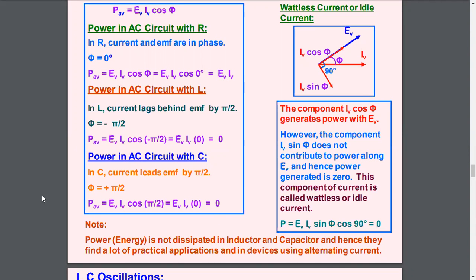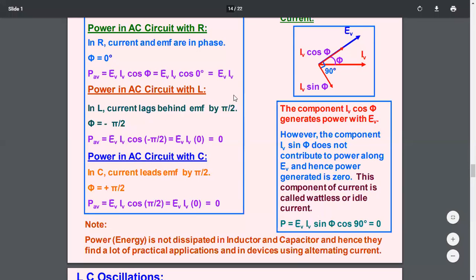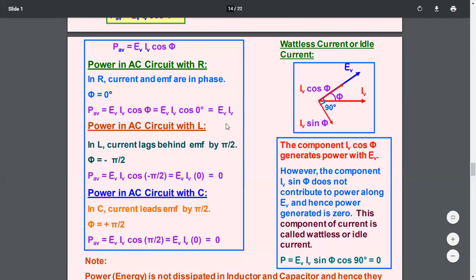So we have concluded that the average power dissipated across the LCR circuit is just equal to the product of the RMS value of voltage supplied by the AC source and the RMS value of current flowing through the LCR circuit.